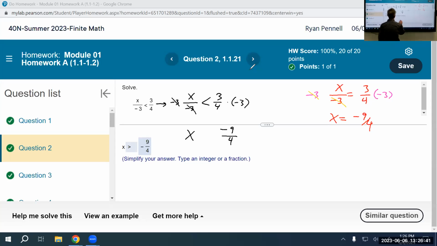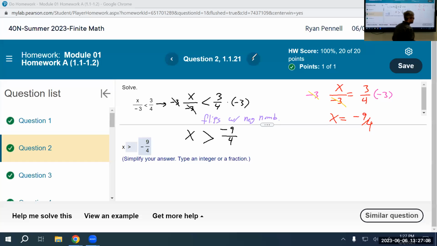So with the inequality, this flipped. With inequalities, it flips with negative numbers, and that's with multiplication or division, because in some sense, those are the same.